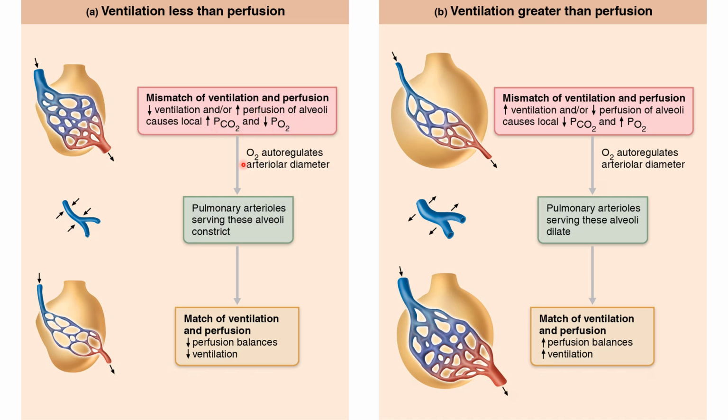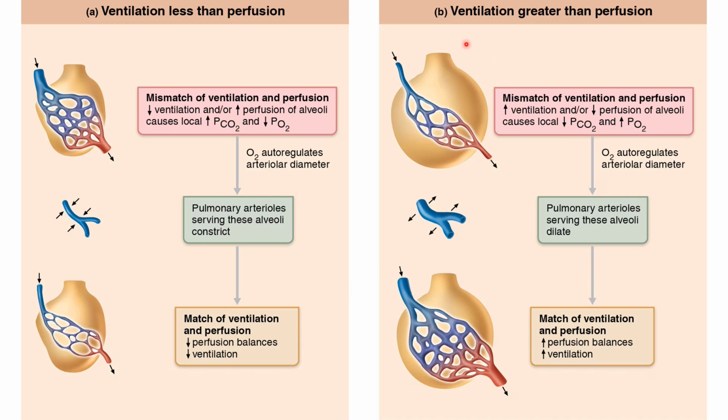That decreased oxygen auto-regulates the arteriolar diameter. The arterioles constrict. Now the blood supply going into the capillary bed is decreased. Now decreased ventilation has led to decreased perfusion, and this decreased perfusion balances the decreased ventilation.